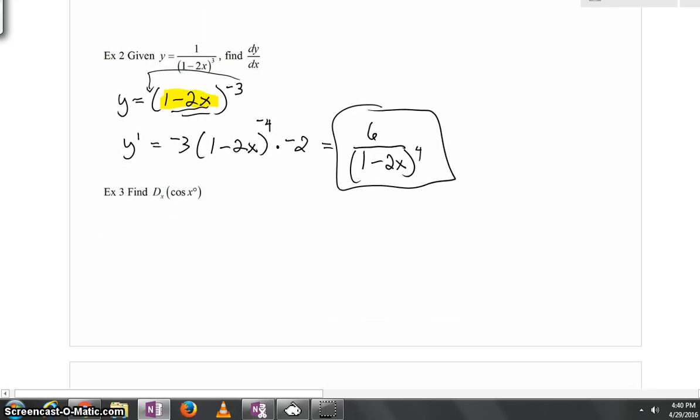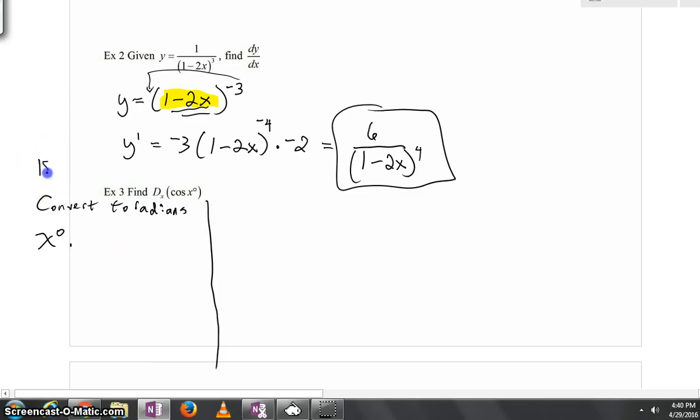Take a look at number 3. Please remember that the derivatives of all trig functions require us to be in radians. Now, what we're going to do is convert x degrees into radians. We're going to do a little bit of work off to the side. Remember the link between degrees and radians.